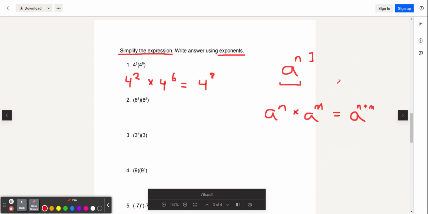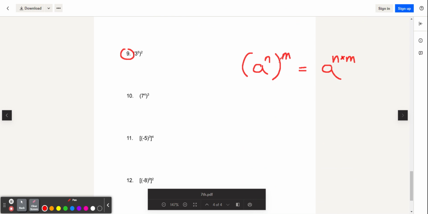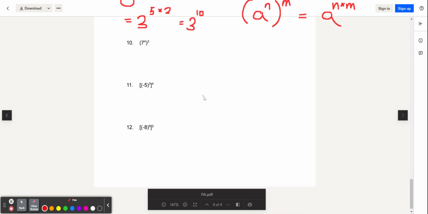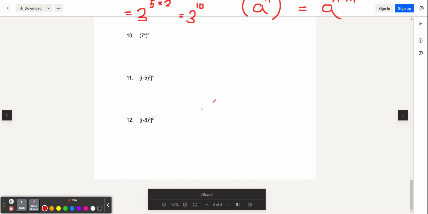Before, we added when they were being multiplied. Now that it's a parentheses and another exponent, we multiply the exponents. So here, this is equal to 3 to the power of 5 times 2, which is 3 to the power of 10. The rest of these problems are the same, so I'll leave you to solve them on your own.